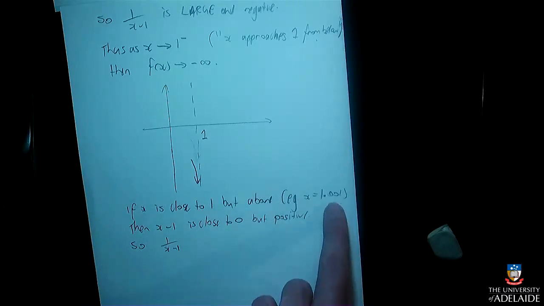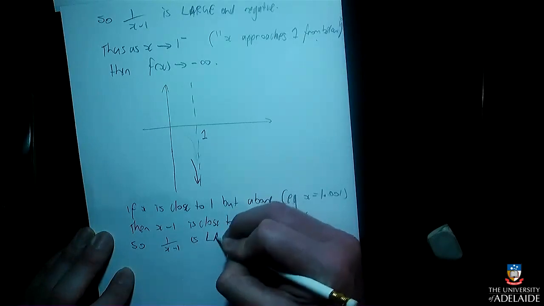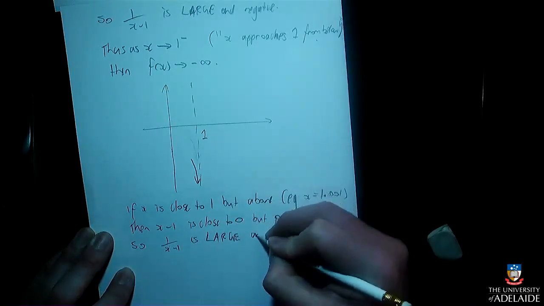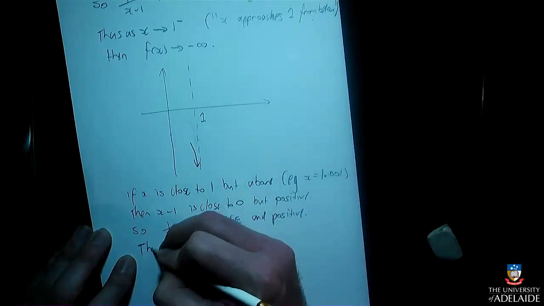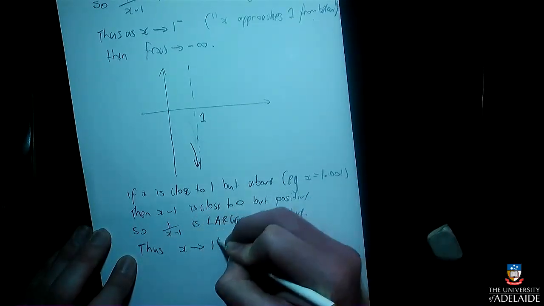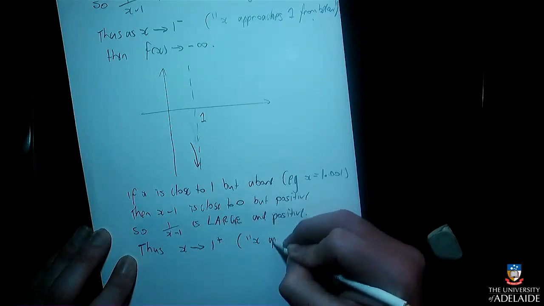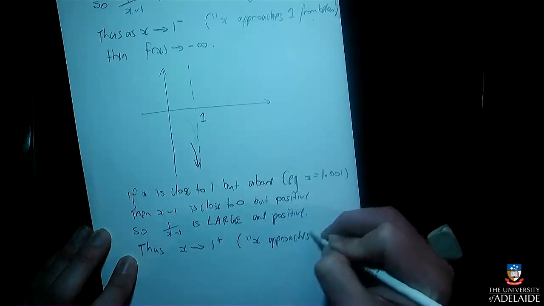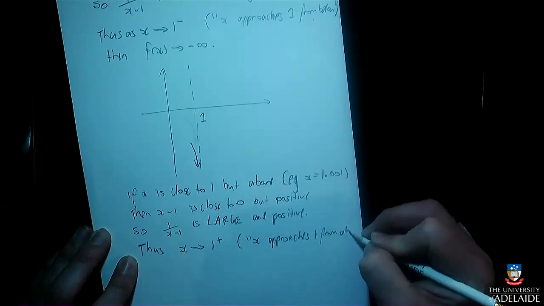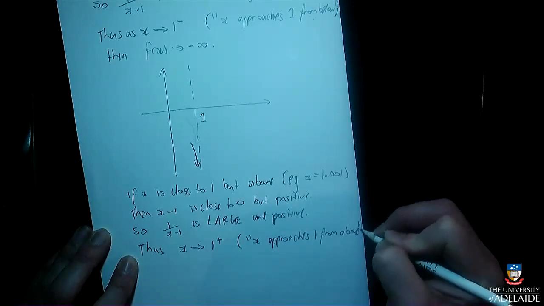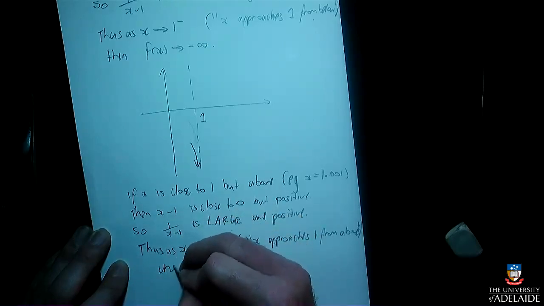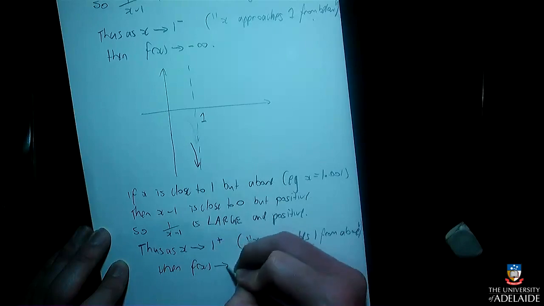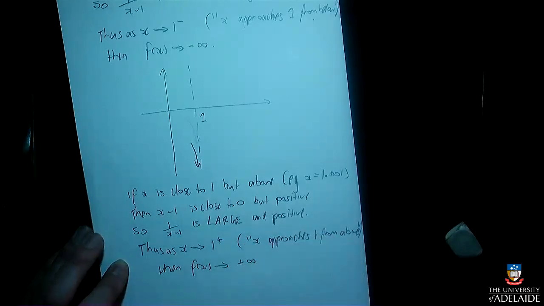If I divide by 0.001, I will get 1,000. Positive. And so thus, as x approaches 1 from above, then f of x goes to large positive, so positive infinity.